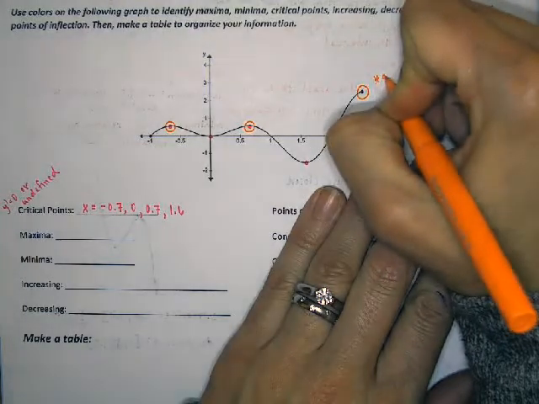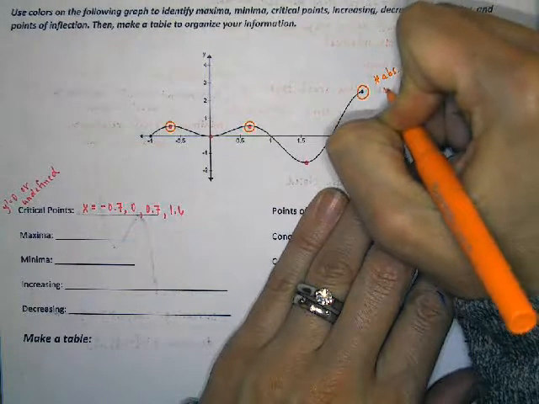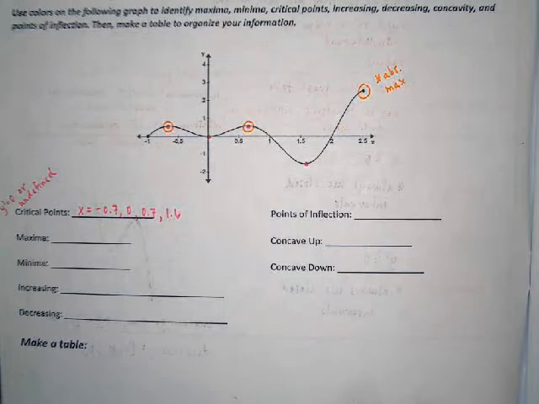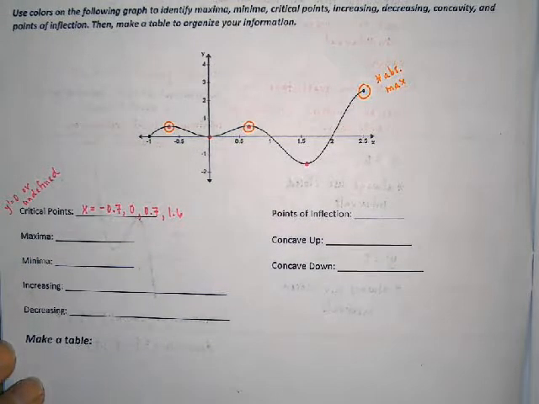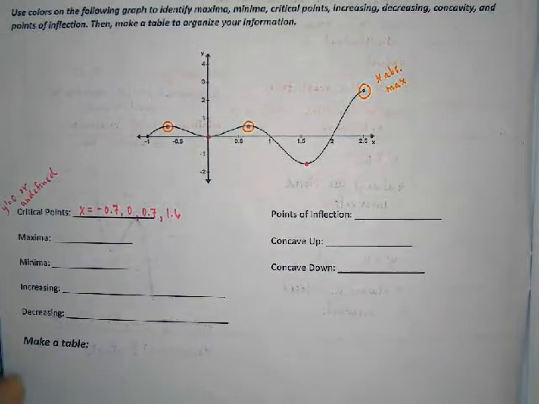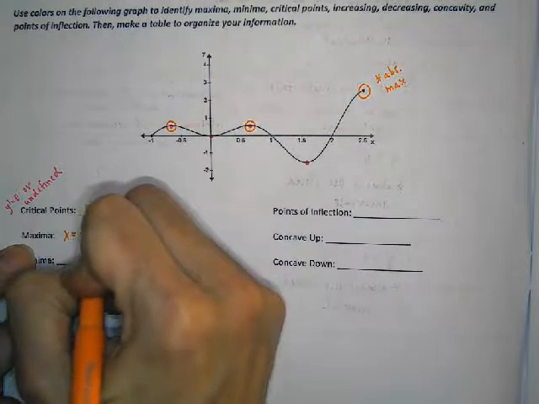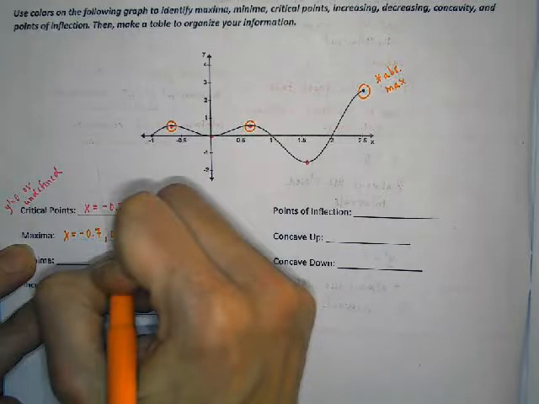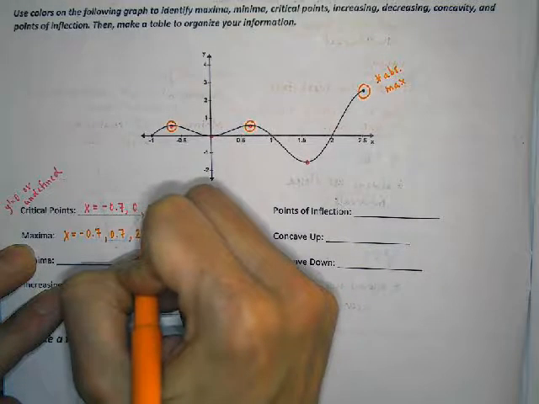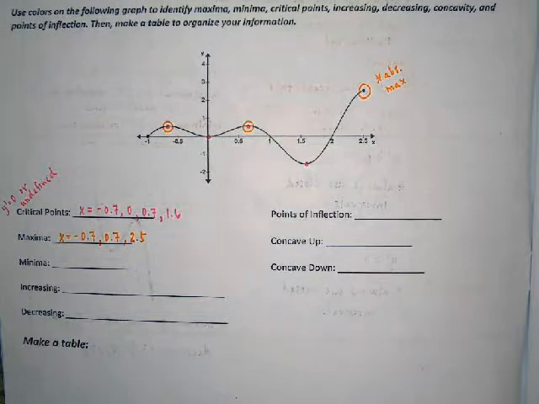So that would be our absolute maximum. Again, it doesn't ask for that, but I just wanted to highlight it. So now our maxima occur at x equals negative 0.7, 0.7, and then at our endpoint, 2.5.